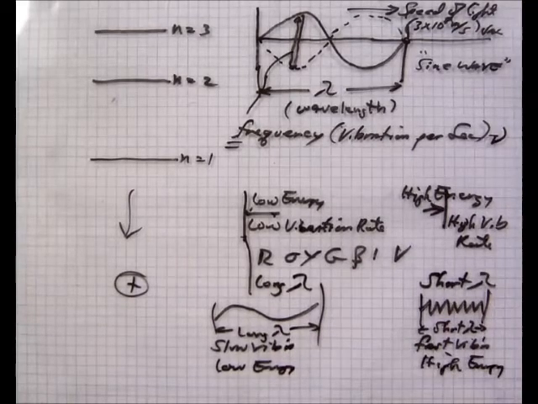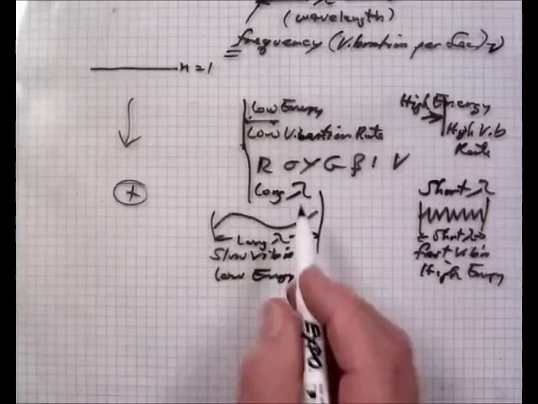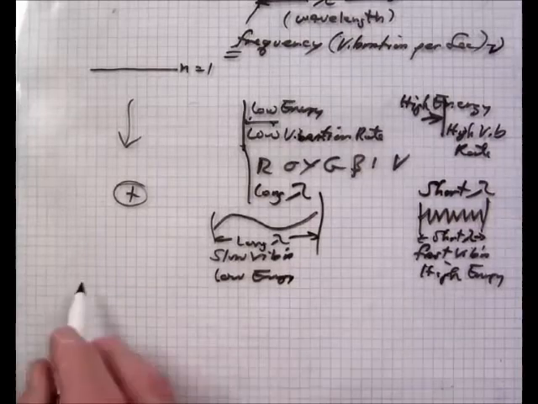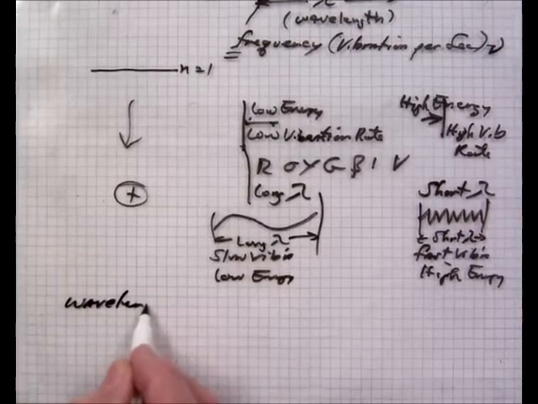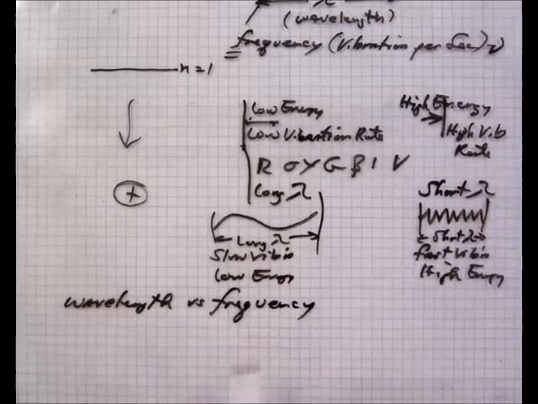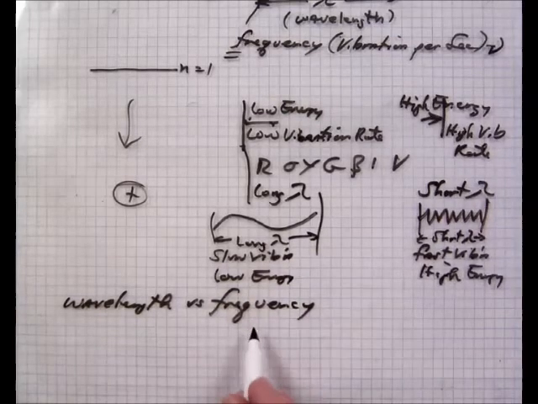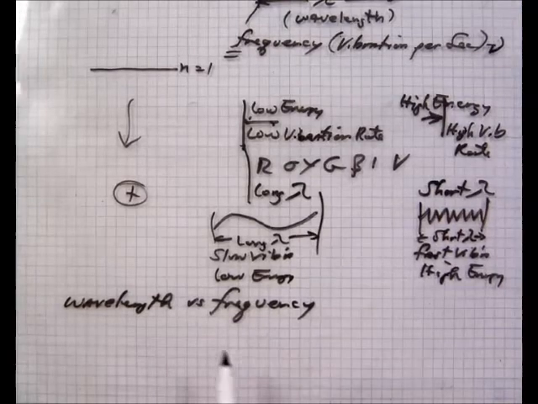So we're going to use this idea of the bright line spectrum from the red being low energy, long wavelengths, to high energy vibrations and short wavelengths. So this is what happens if you want to relate wavelength versus frequency. Okay, so if you're on the red end, you'd have a long wavelength and a low frequency. So that's an inverse relationship.